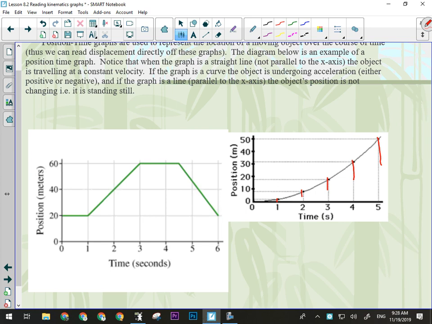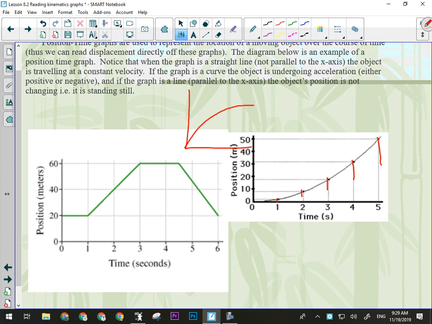Now, this acceleration is a positive acceleration because the object's going faster and forwards. Okay? If the graph looked like this, that acceleration is, yeah, it's negative. Okay? Because the object's slowing down.